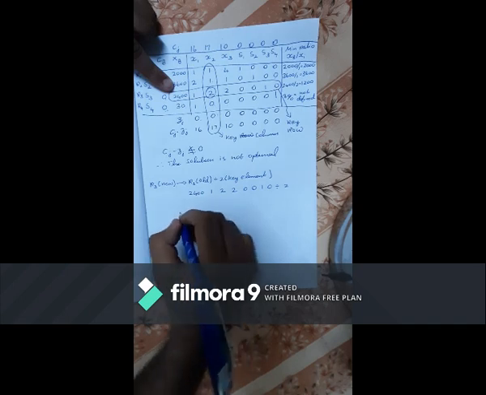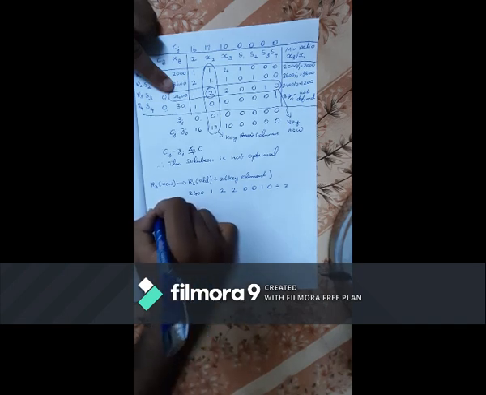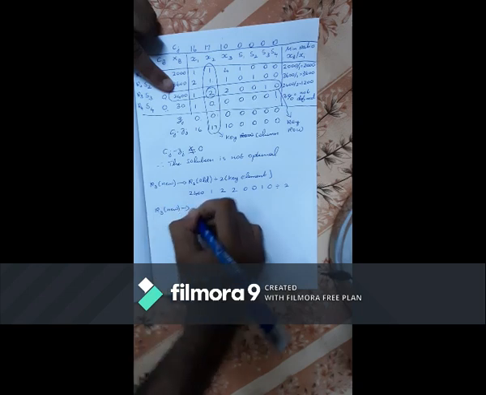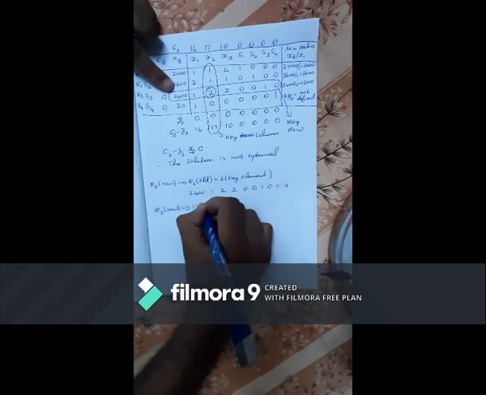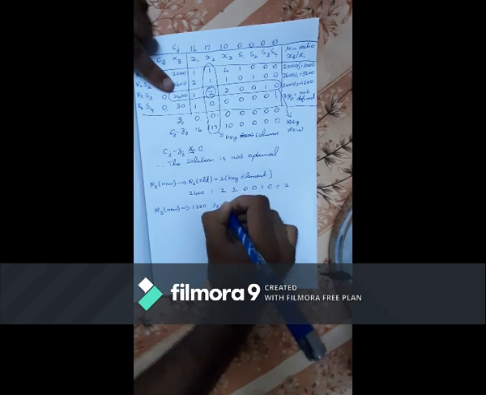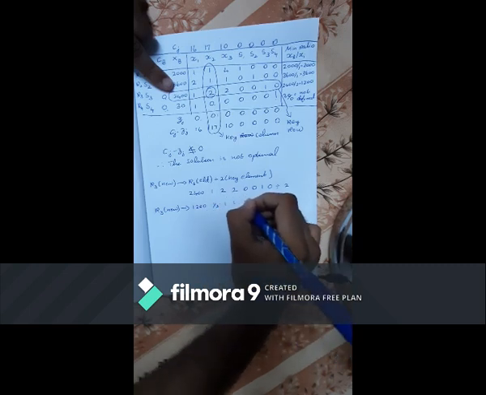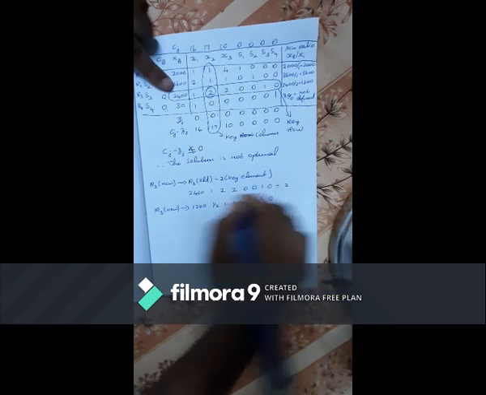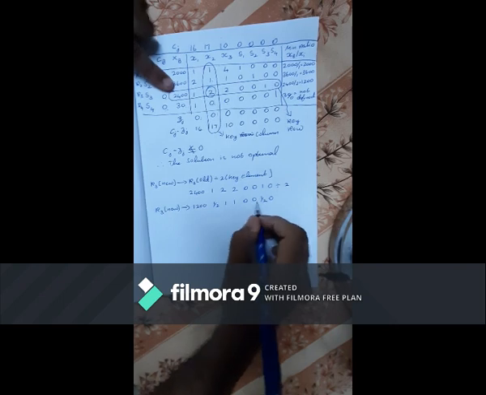So which gives R3 new equals 1200, then 1 by 2, 1, 1, 0, 0, 1 by 2, 0. So this is the new R3.